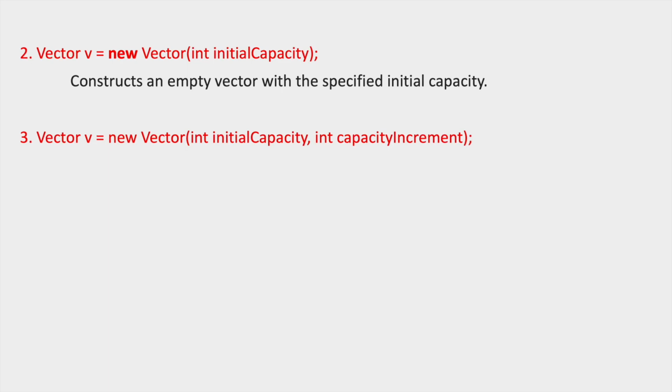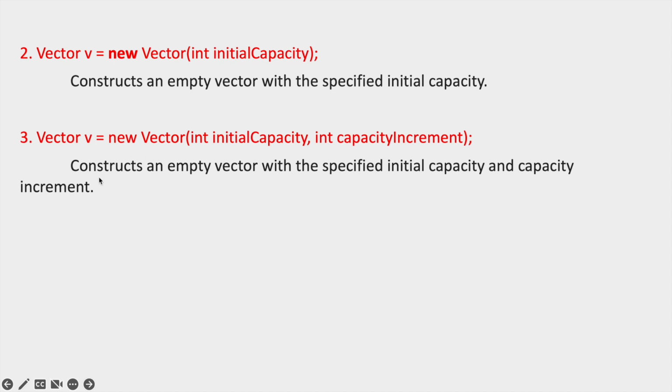So whatever increment value you want, we can provide it by using this third constructor, Vector v = new Vector(initialCapacity, capacityIncrement). By using this constructor, we can construct an empty vector with the specified initial capacity, and the capacity increment is whatever value we provide.